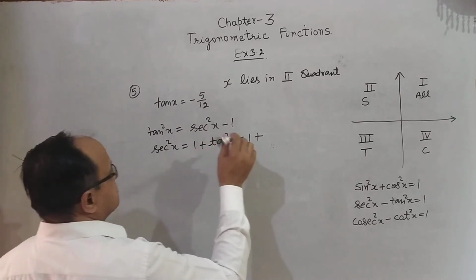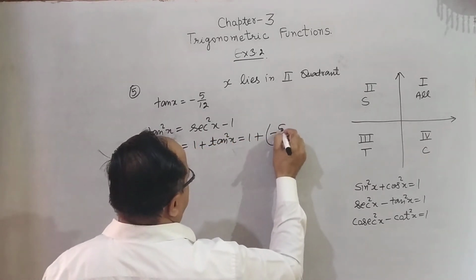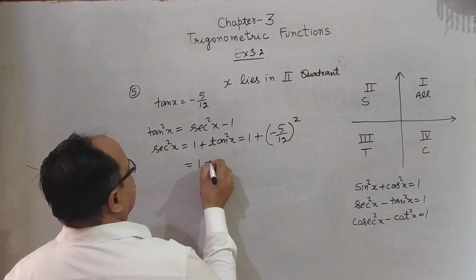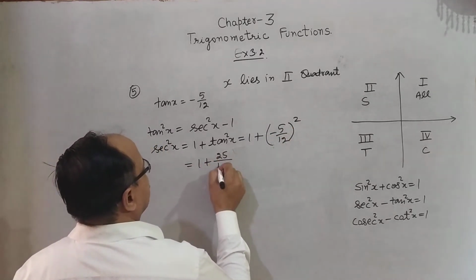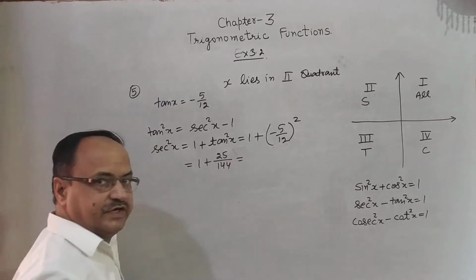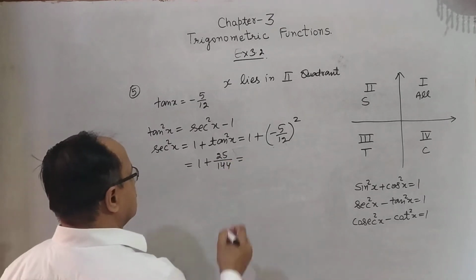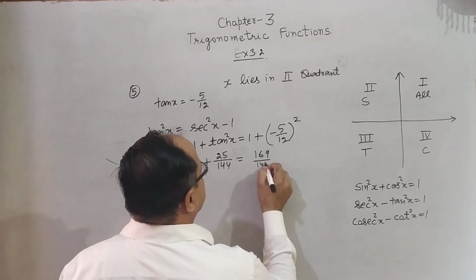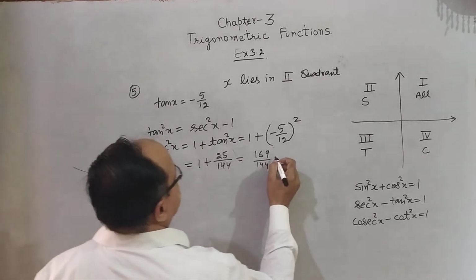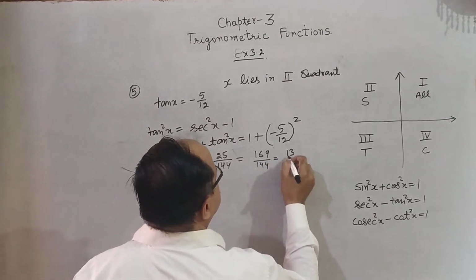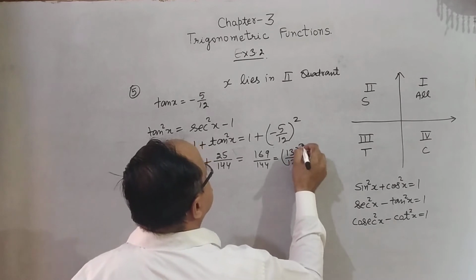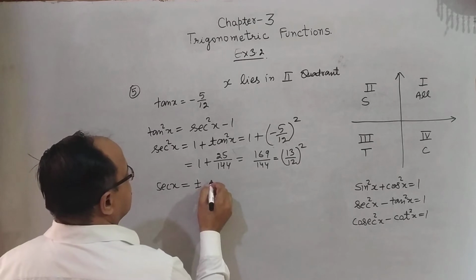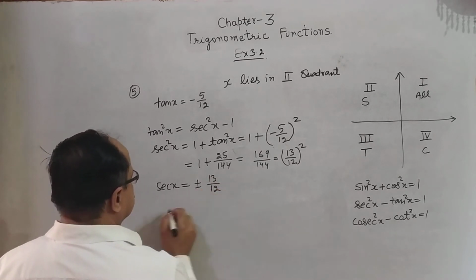Put the value of tan x, minus 5 by 12 whole square: 1 plus 25 by 144. Take LCM, and it simplifies to 169 by 144, which is the square of 13 by 12. Therefore, sec x is equal to plus minus 13 by 12.